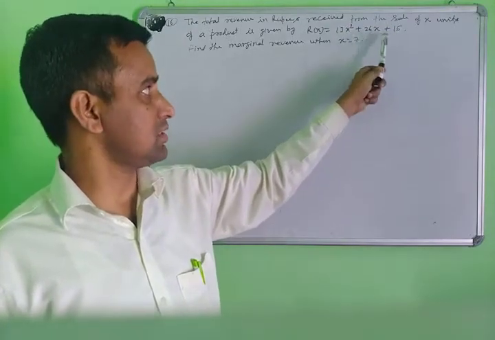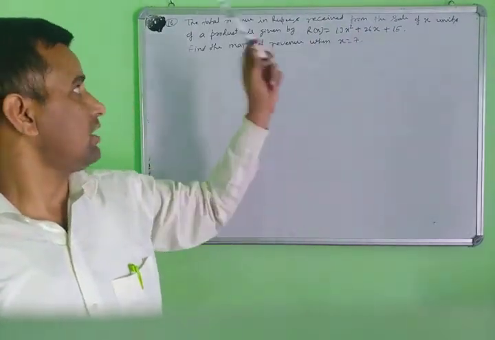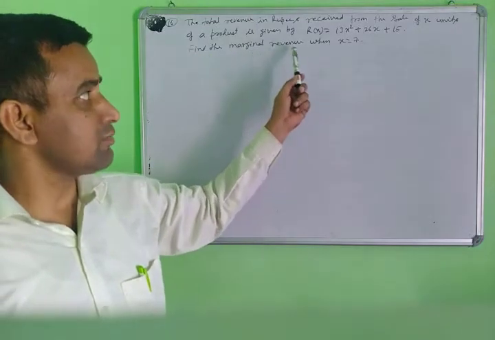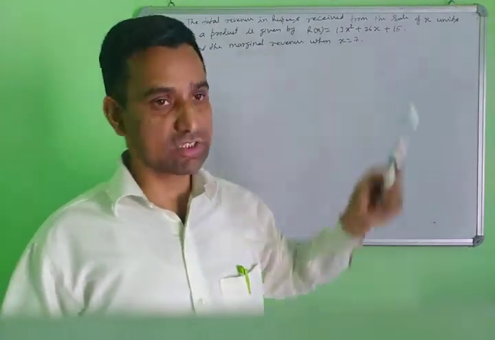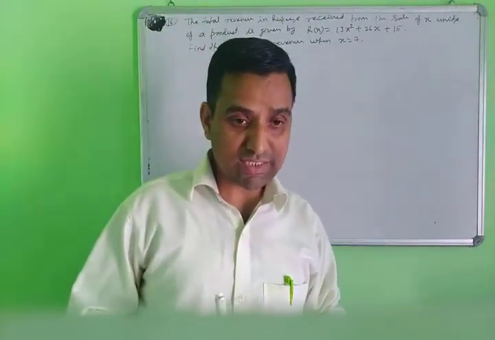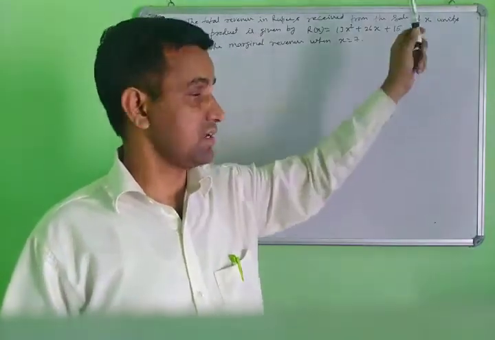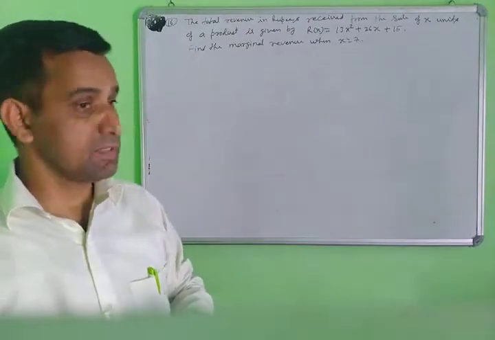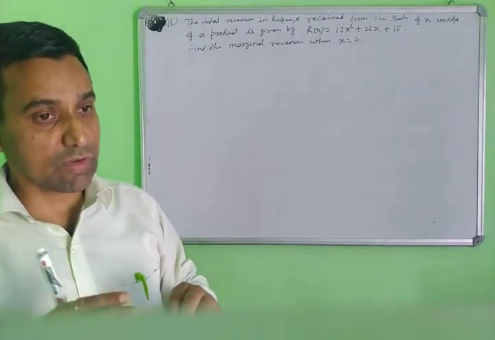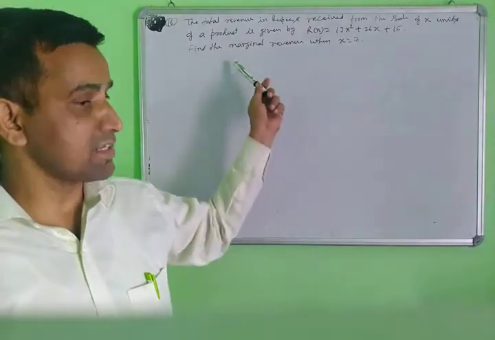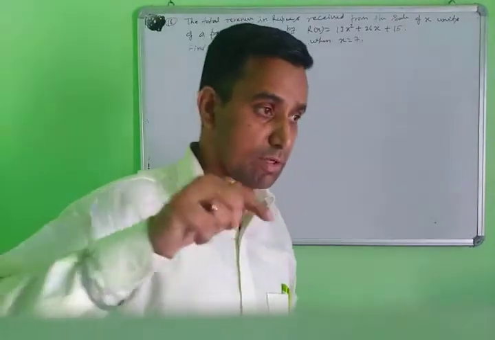So then what do you find here? Find the marginal revenue when x equal to 7. Suppose you are selling 7 units of a product, then what is the marginal revenue? The first thing, what is marginal revenue?